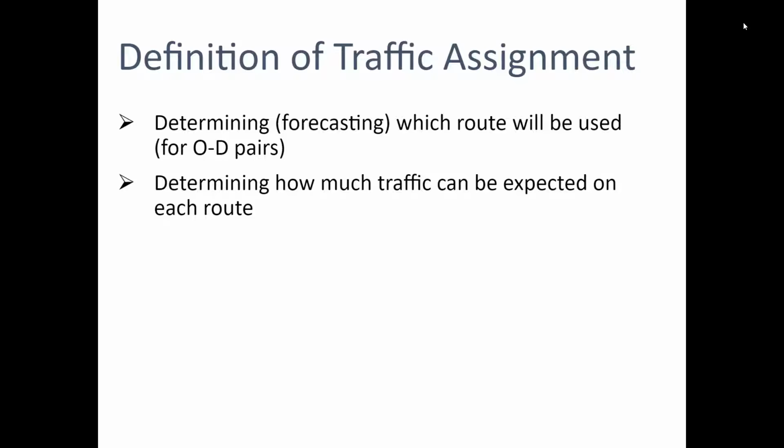In CE 321, we think about how traffic will go into different routes, and that's basically what simulation is about. When you model any network in VISSIM, you define routes, and how much traffic will go into these routes is a traffic assignment question.